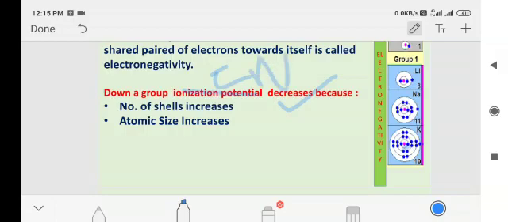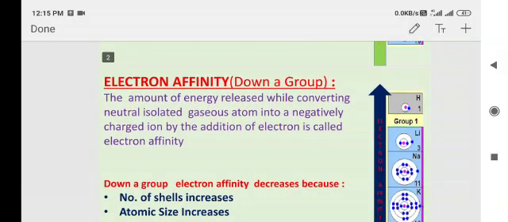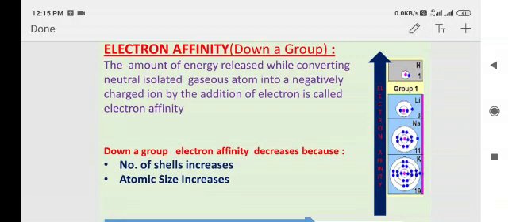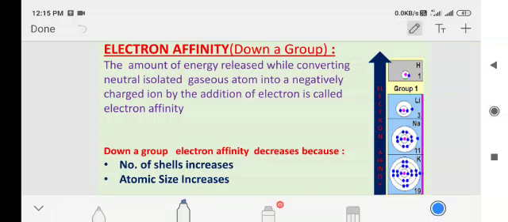Okay, let me move to the next point, that is electron affinity. The definition of electron affinity also I have discussed under properties of a period. Once again, let me tell you the definition. The amount of energy released while converting a neutral isolated gaseous atom into a negatively charged ion by the addition of an electron is called electron affinity.